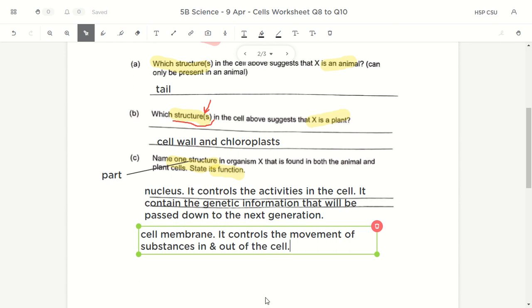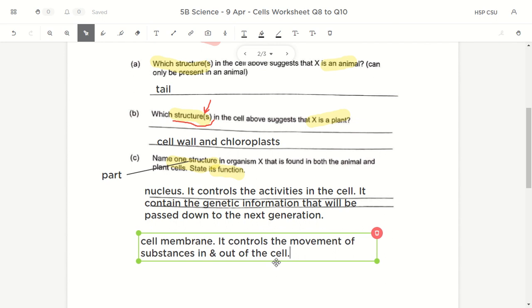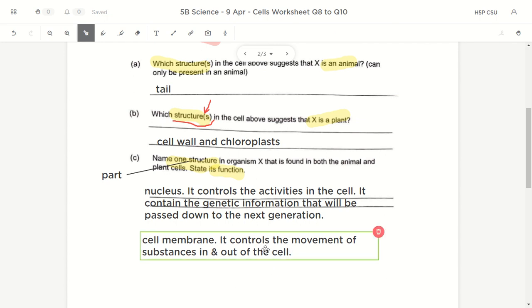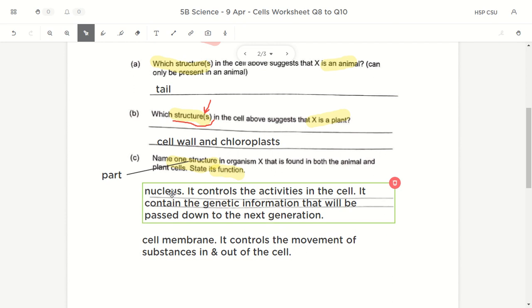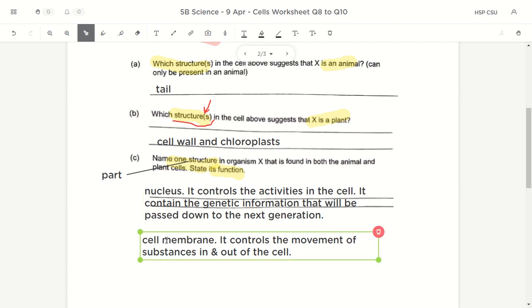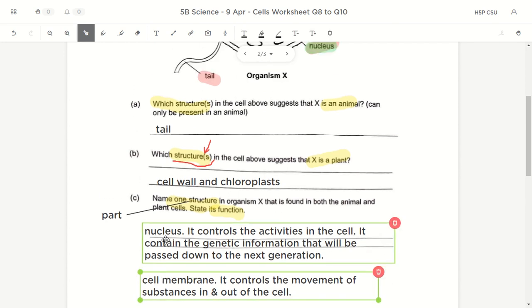So it's either nucleus or cell membrane and their respective function. So this question is quite straightforward. As long as you know your parts of the animal and plant cell, clearly this question 9 is quite straightforward.